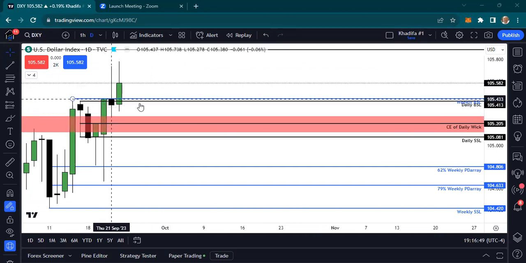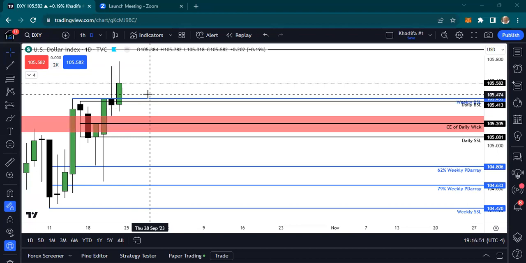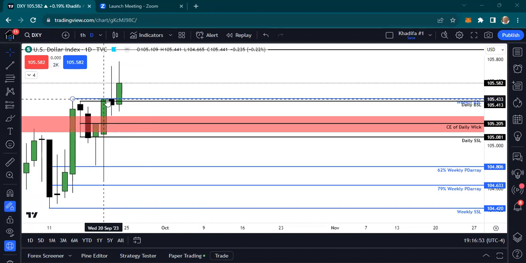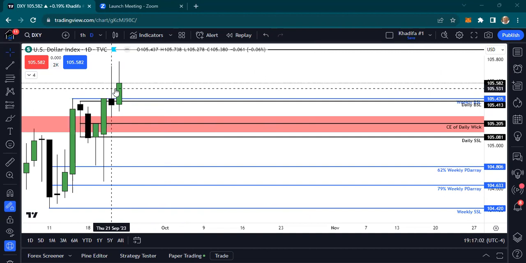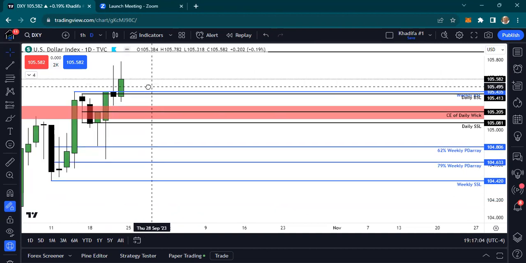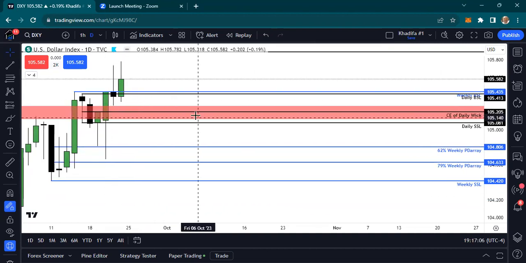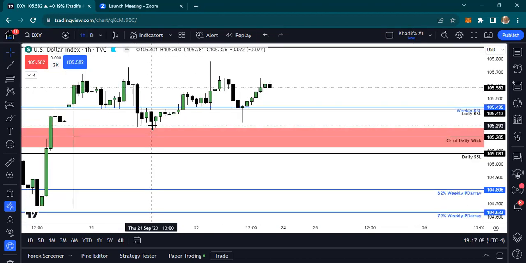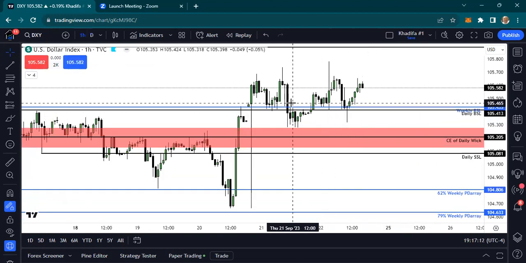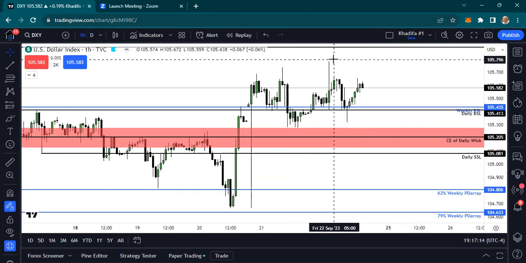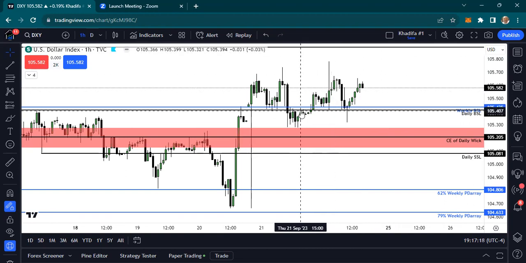And I told you guys once we got back above this weekly buy side liquidity, I expected us to reach up. I told you guys Wednesday for the midweek analysis that if we closed above the weekly buy side liquidity, I did expect us to reach up and run that yearly high for the dollar, right?